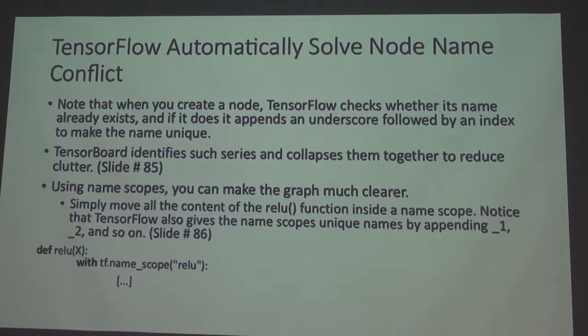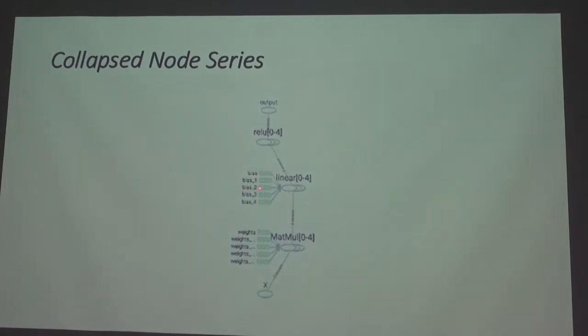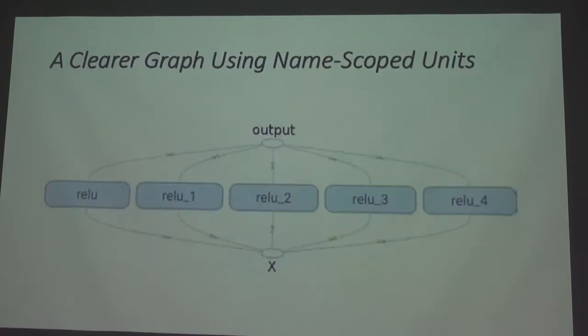So instead of the computation graph looking like this, it's going to look like this one. This looks much better than the previous one, right?